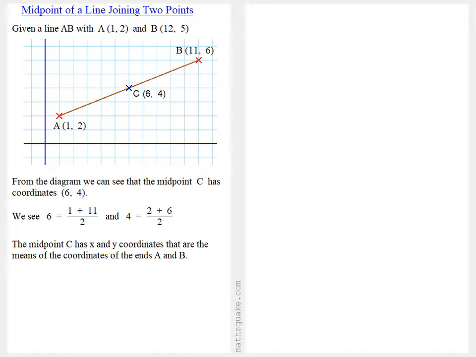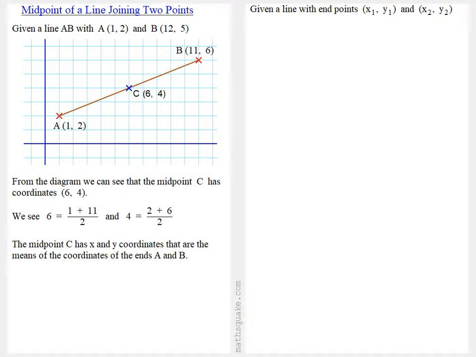So the midpoint C has x and y coordinates that are the means of the coordinates of the ends AB. The x-coordinate of C is the mean of the x-coordinates of A and B. The y-coordinate of C is the mean of the y-coordinates of A and B.